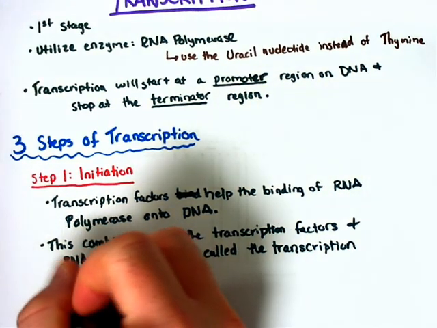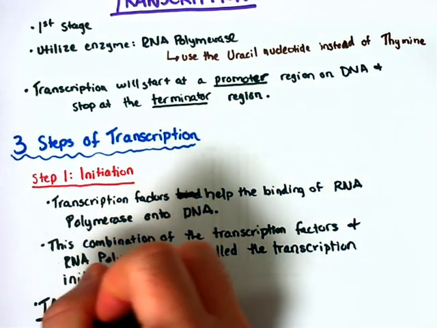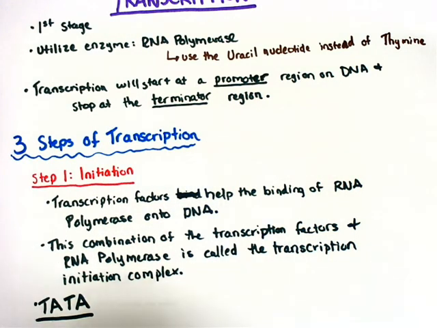There's a box or an area that's made of repeating units of thymine and adenine.